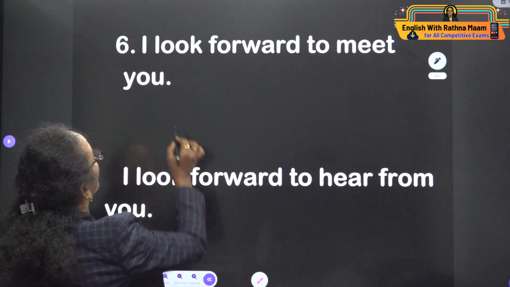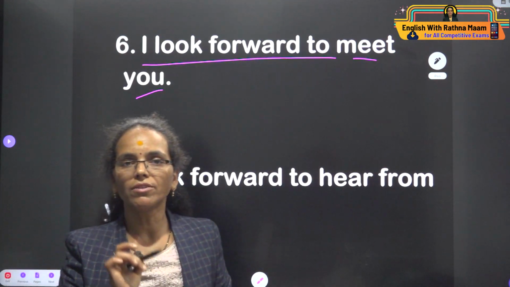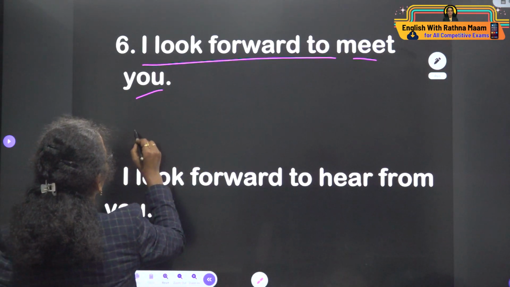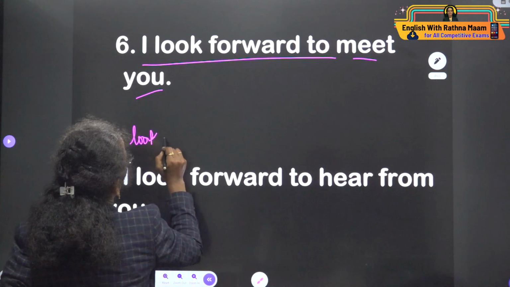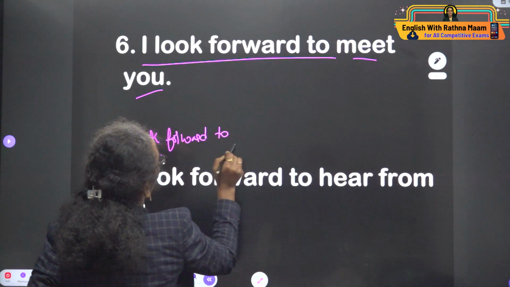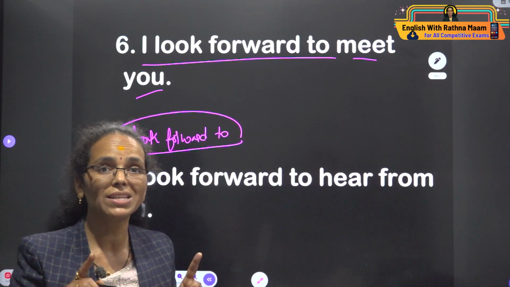Next one. I look forward to meet you. Remember one thing. Look forward to is a prepositional phrase. It should always be followed by V1 plus ing form.